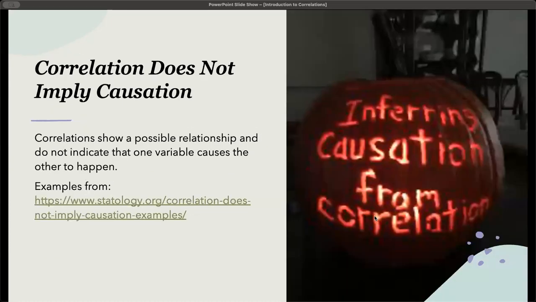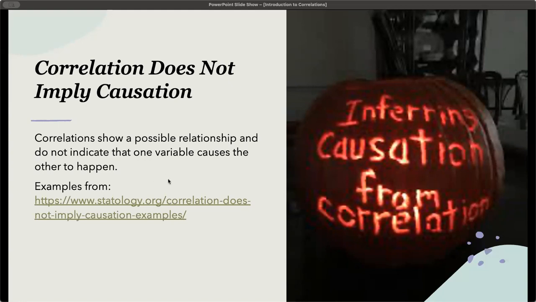Now, the one thing to keep in mind with correlations is that a correlation does not imply causation. So when we look at correlations, one variable is not causing the other to happen. If we're looking for an interaction between variables, this is when we would need to go to an ANOVA. Correlations show a possible relationship and do not indicate that one variable causes the other to happen.